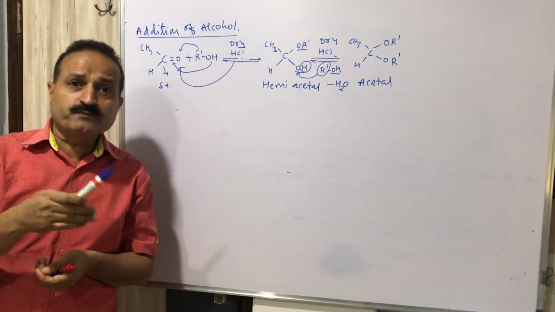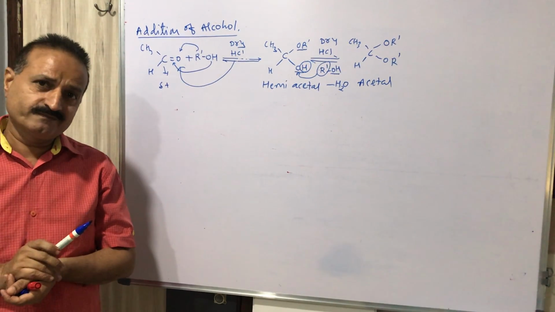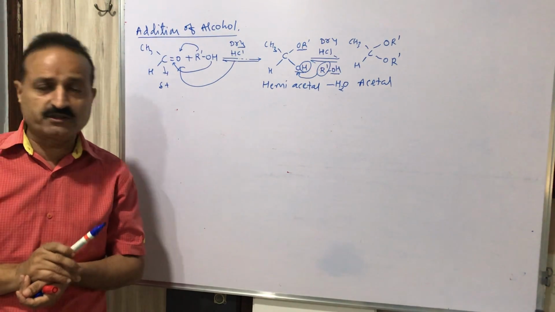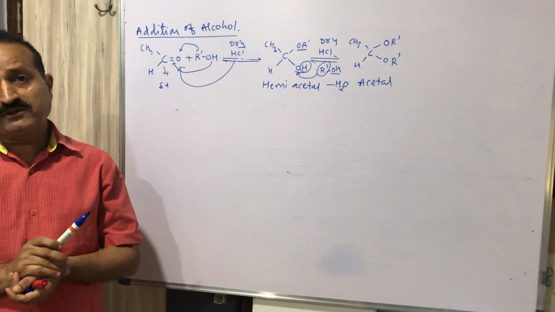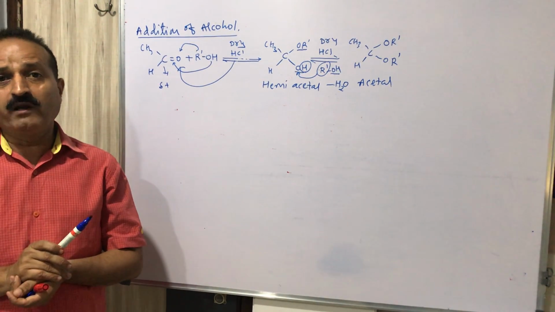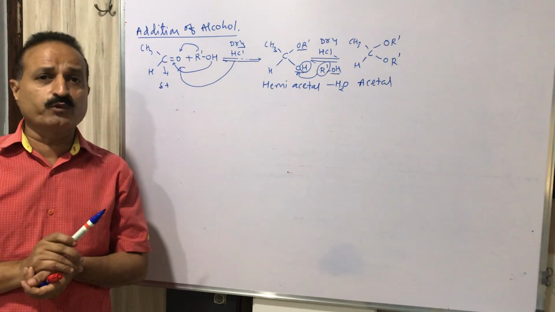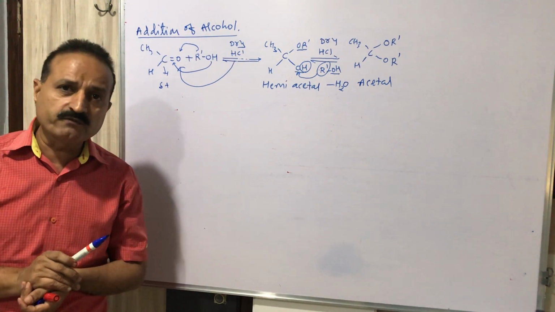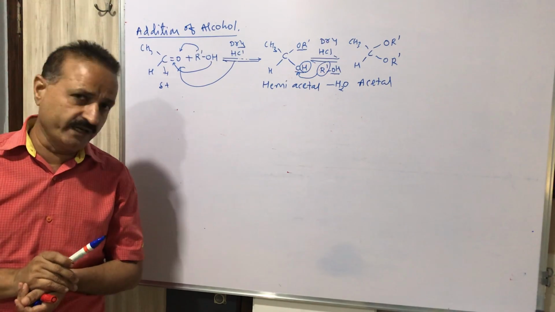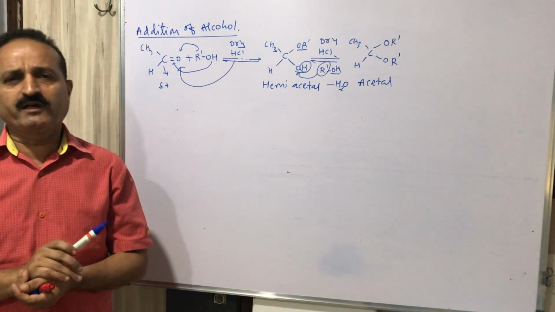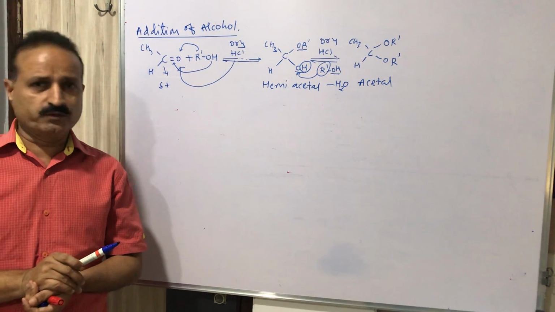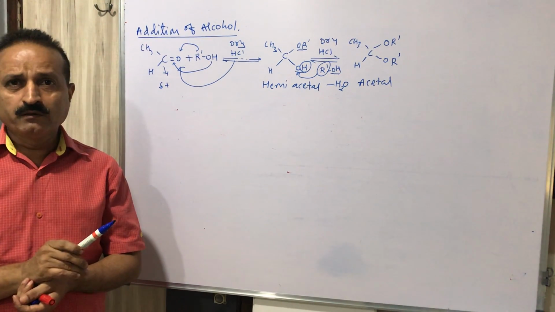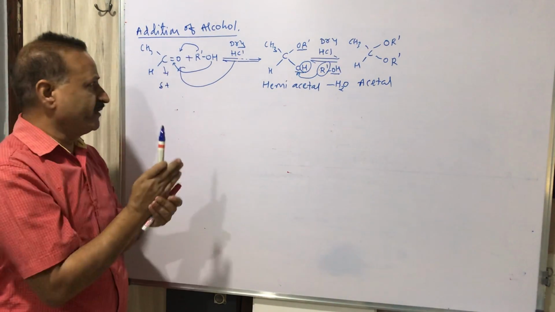So the carbon's positivity will increase, and the nucleophiles are negatively charged. So the negatively charged nucleophile will be attracted to the positively charged carbon, and the reaction will become very fast and very easy. So this is the explanation given in your book.